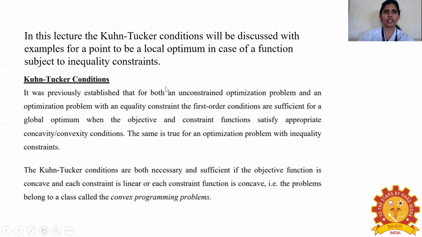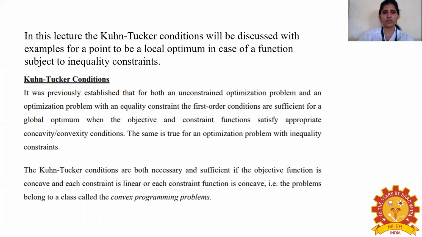We will discuss them with examples, for a point to be a local optimum in the case of a function subject to certain inequality constraints. So what is the Kuhn-Tucker condition? It was previously established that for both an unconstrained optimization problem and an optimization problem with an equality constraint, the first order conditions are sufficient for a global optimum, if the objective and the constraint functions satisfy appropriate concavity or convexity conditions.